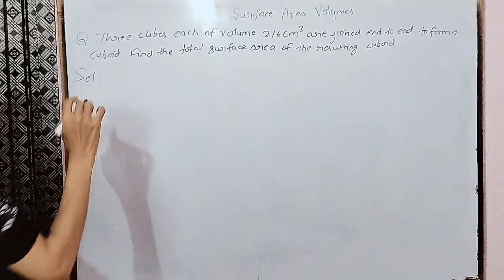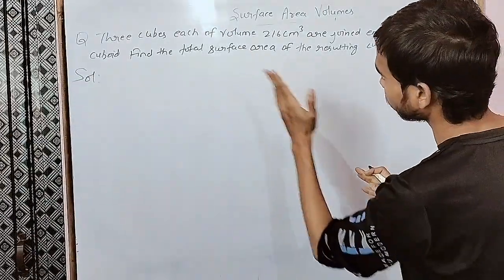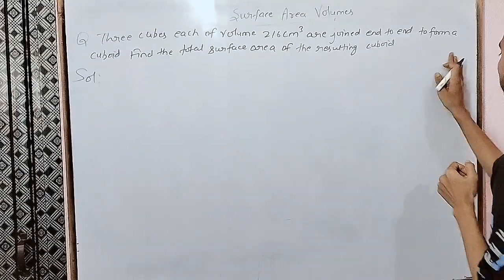So let's understand. You draw a figure of this question so that you can understand clearly. We have three cubes, and the volume of this is 216.